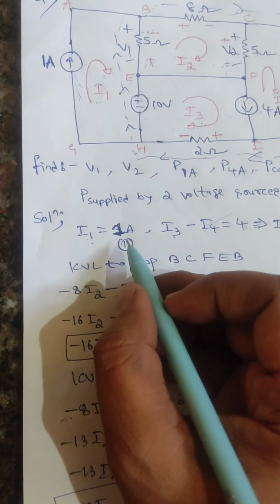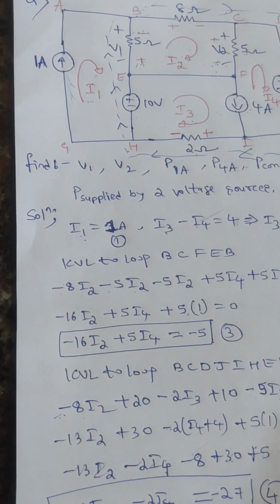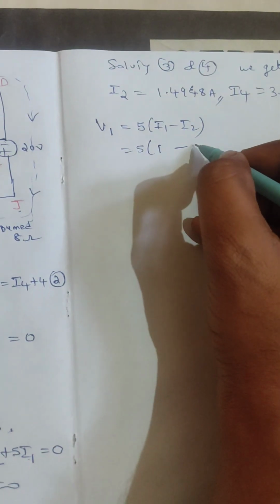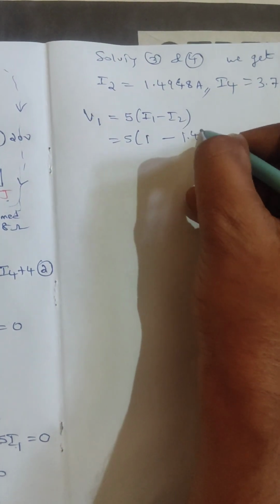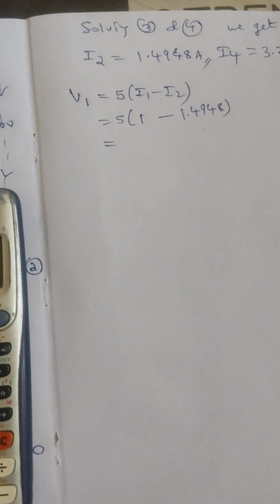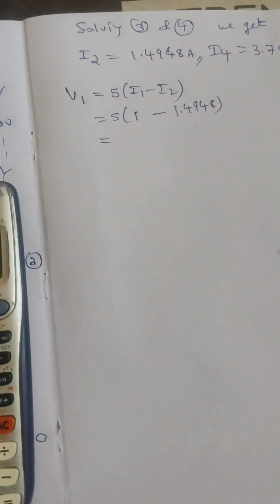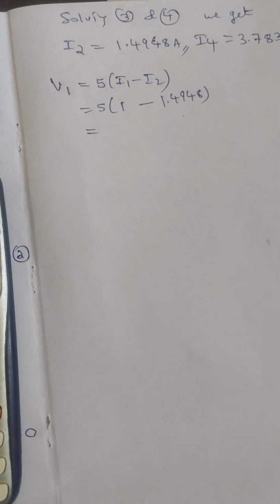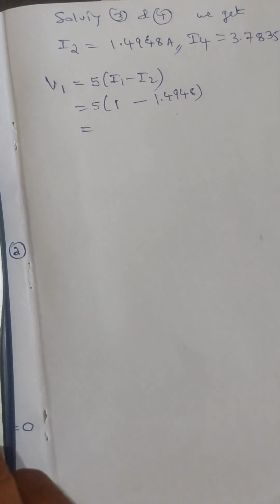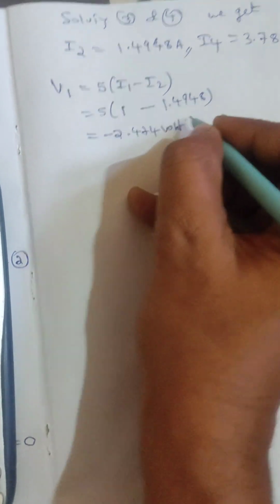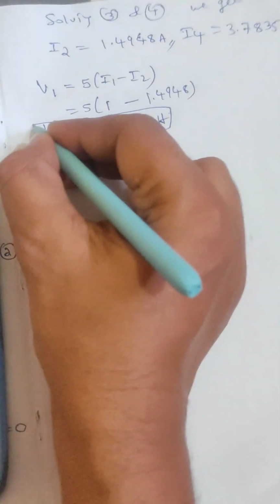So 5 into, what is the value of I1? 1 ampere, minus the value of I2, 1.4948. So 5 into 1 minus 1.4948, we get a voltage of minus 2.474 volts.